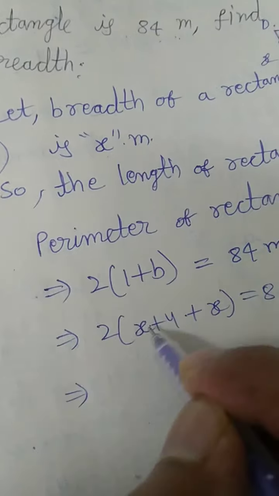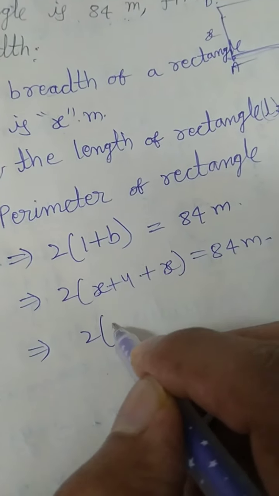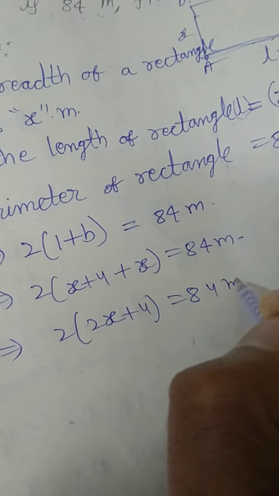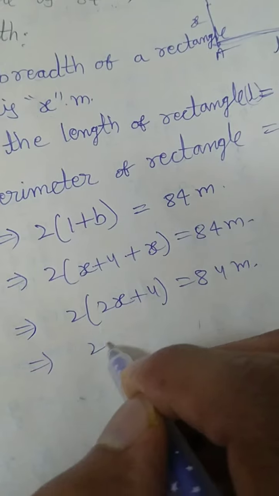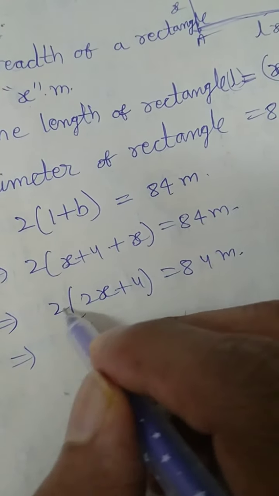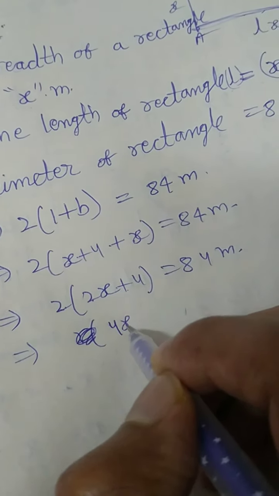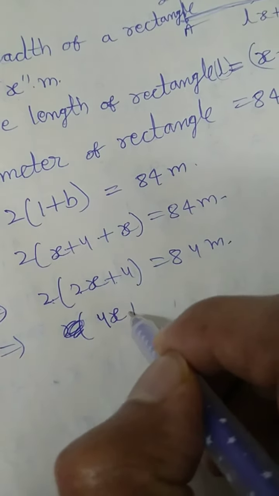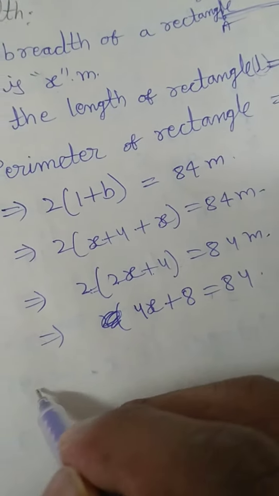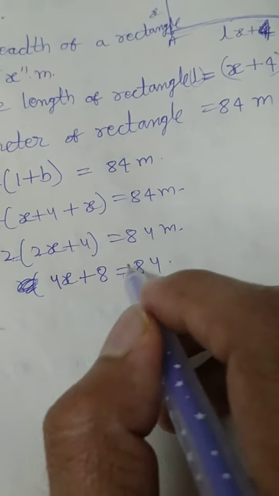So what will be the answer? 2 into (x plus x plus 4), that is 2 into (2x plus 4) equals 84 meters. Multiply 2 with these two terms: 2 times 2x is 4x, and 2 times 4 is 8. So 4x plus 8 equals 84.